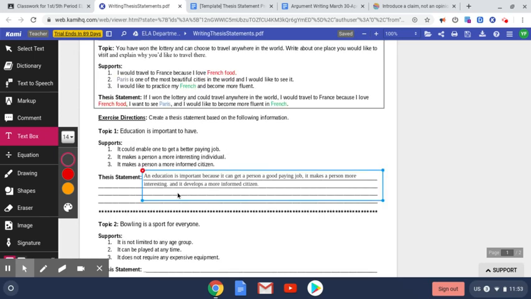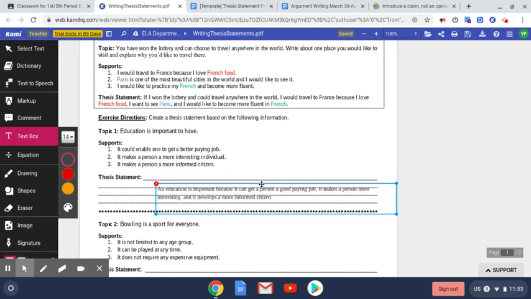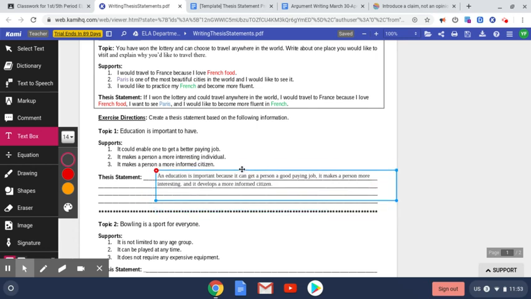So take a look here. I was able to add a text box and then put in my answer for the first one. Education is important to have. And then here's the supporting evidence, and this is my thesis statement.